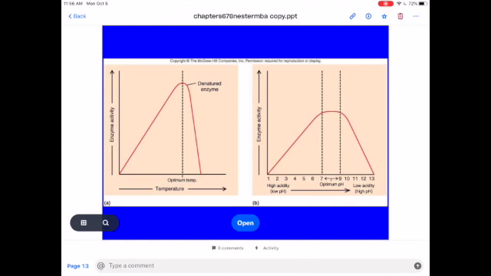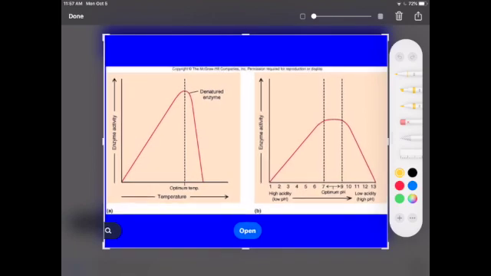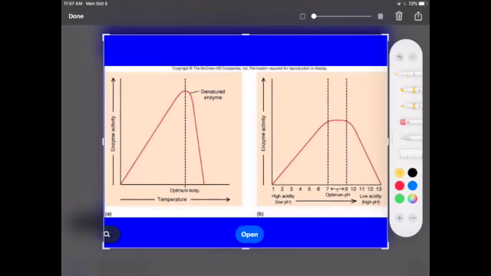This is just to show you that enzymes have optimal temperatures, and they have an optimal pH as well. And you've seen graphs like this before in Bio 107. Here we have enzyme activity on the y-axis and temperature over here.